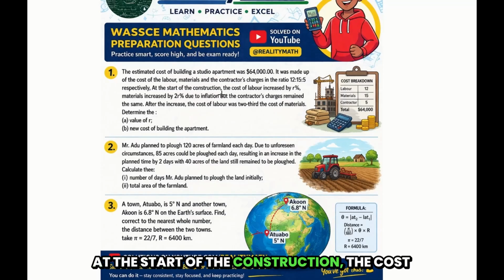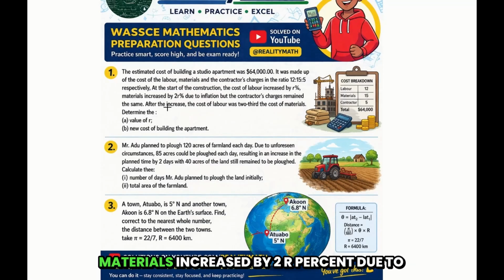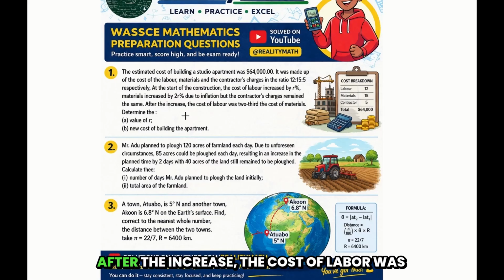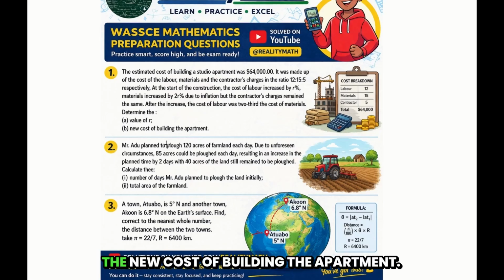At the start of the construction, the cost of labor increased by R%, materials increased by 2R% due to inflation, but the contractor's charges remain the same. After the increase, the cost of labor was two-thirds the cost of material. Determine the value of R, B, the new cost of building the apartment.